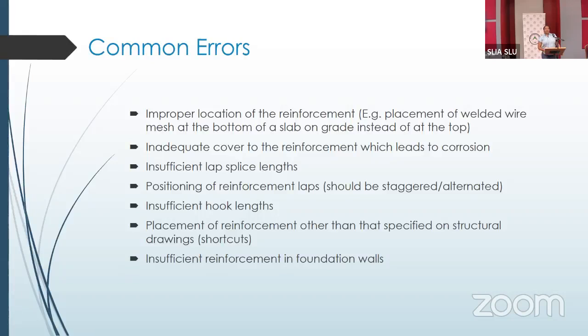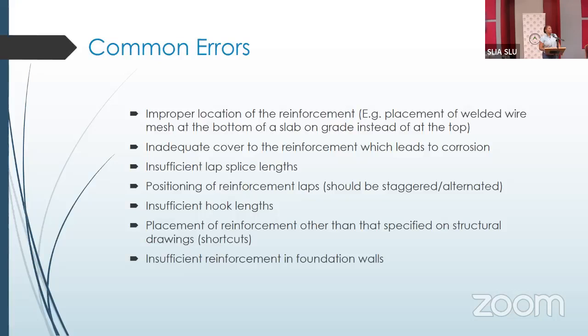In some instances where the reinforcement is too short, you now have to go and get additional reinforcement to replace it. So that's an extra cost to you. Those are some of the things we need to keep in mind when cutting corners.